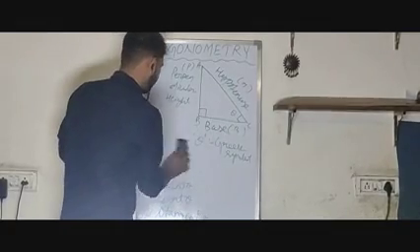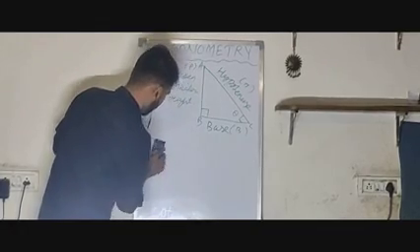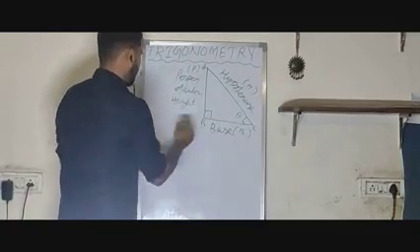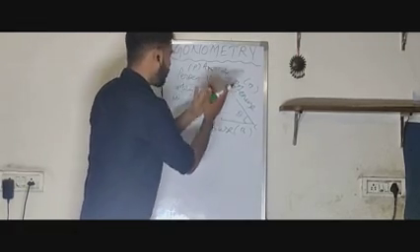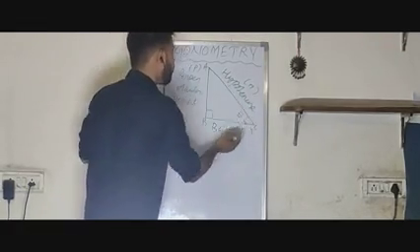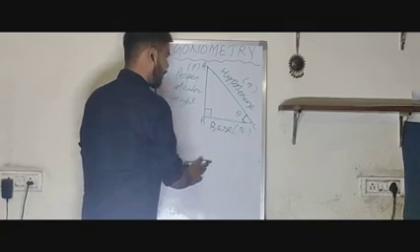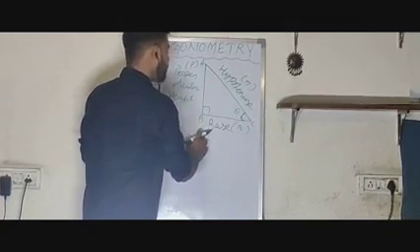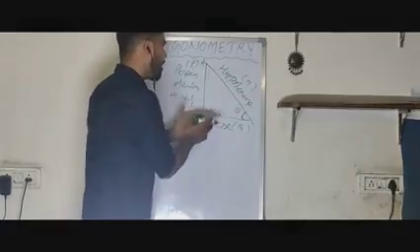So what is base? Base means the line which is adjacent to theta. Here BC is adjacent to angle theta, so you can take BC as base.